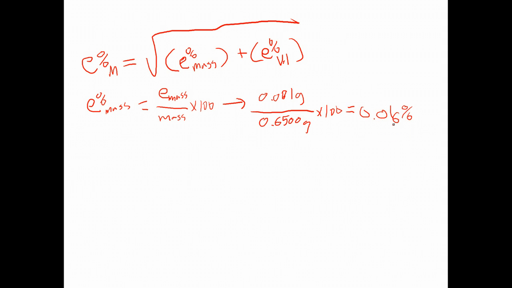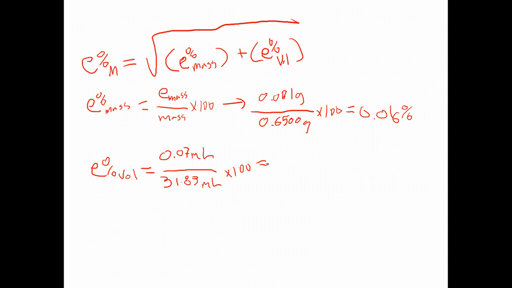All right, and so we can do the same thing for the volume. In this case, I'm just going to plug the values right in. So this is going to equal 0.07 milliliters, which we calculated before, divided by 31.83 milliliters times 100.